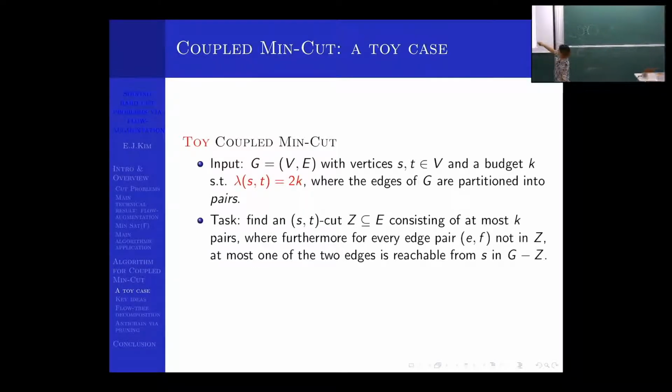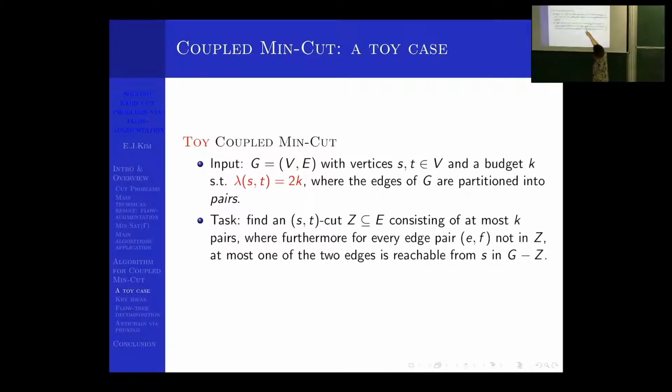The instance is some graph G with S and T, and edges are partitioned into pairs, and we want to find an S-T cut Z consisting of at most K pairs. And if Z is contained in at most K pairs, then it can cut at most 2K edges, but the flow size is always 2K.